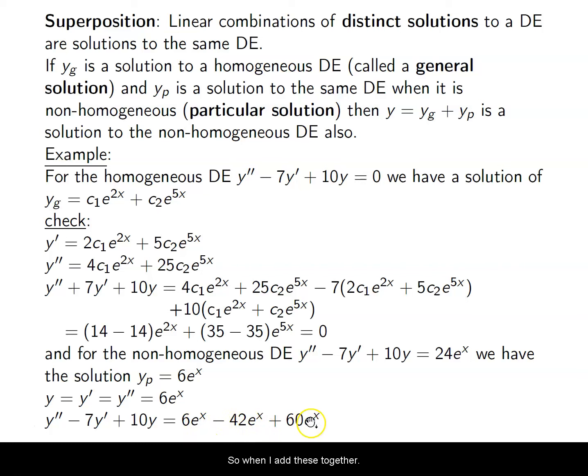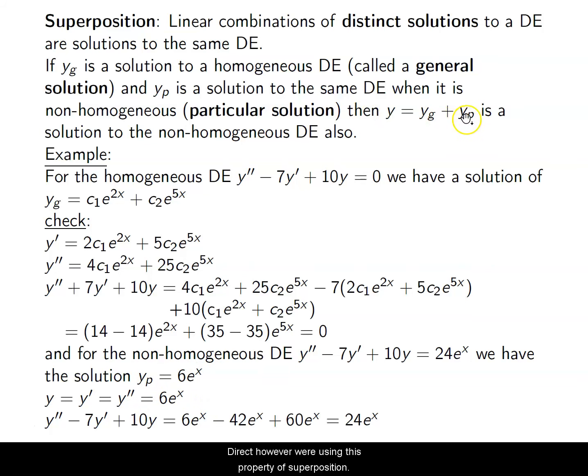So when I add these together, okay, 6 plus 60 minus 42 is going to be 24 e to the x, right? That would not be the same if I had a constant multiple here, right? If I had c1, c2, and c3, or what have you, right? So here, my particular solution is very, very direct, okay?